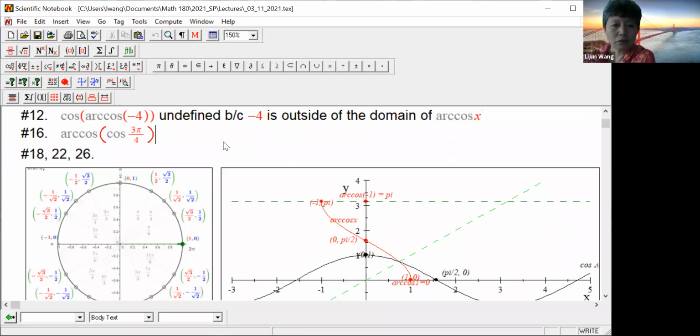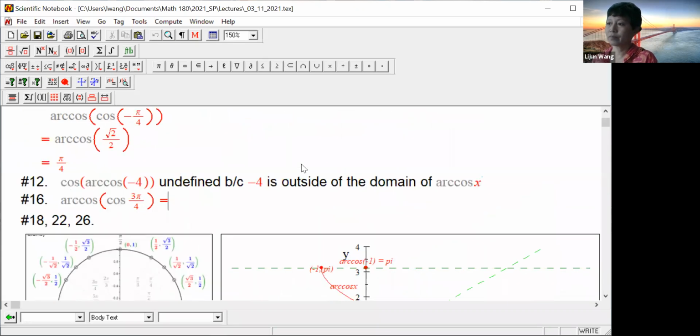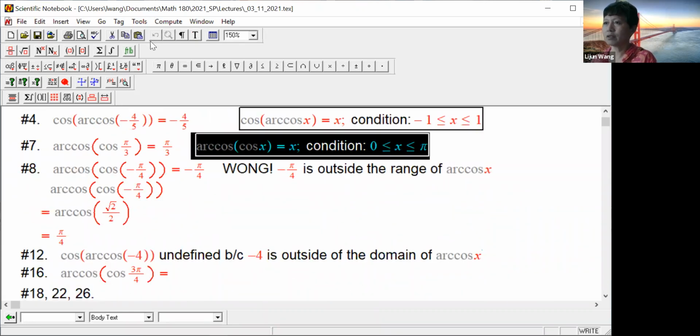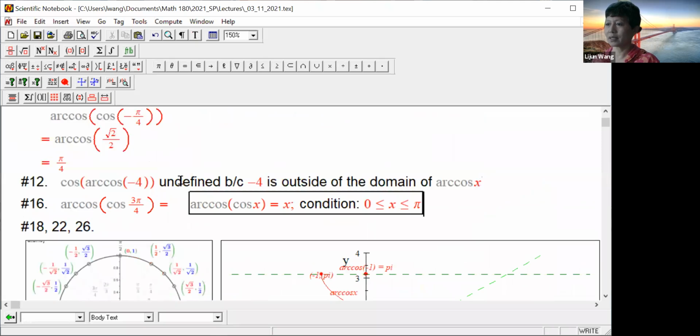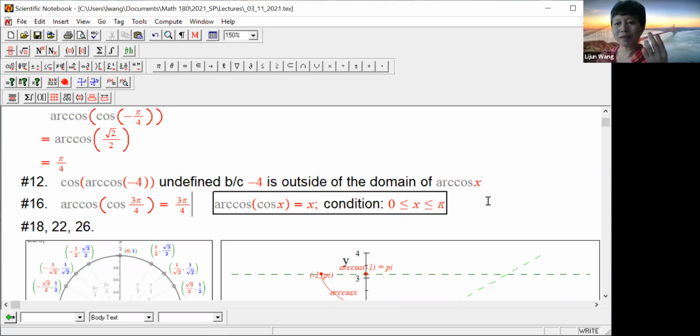Bailey said arc cosine of 3 pi over 4 fits the condition. That's a perfect answer. Very good, Bailey. If you understand that whole process and happen to remember this, it's handy. What if you don't? Well, you go by definition. So the definition really is the ultimate backup.